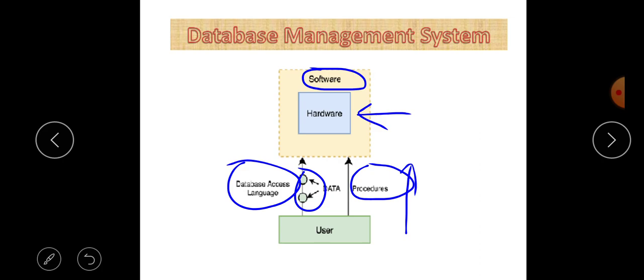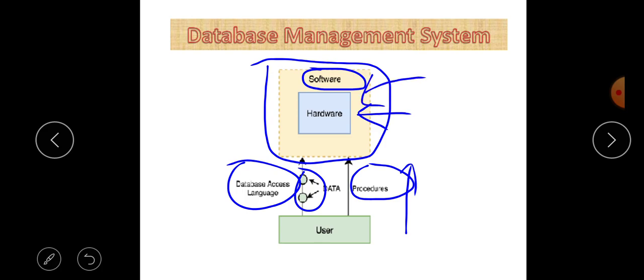The basic thing is that is our computer system, and we know that a computer system can be divided into 2 basic parts, hardware and software. So these are the hardware, and that is the system software, or we can say the operating system that manages the hardware, and here the user is shown. The user can request the computer system via procedure or database access language, meaning using SQL to retrieve the information.